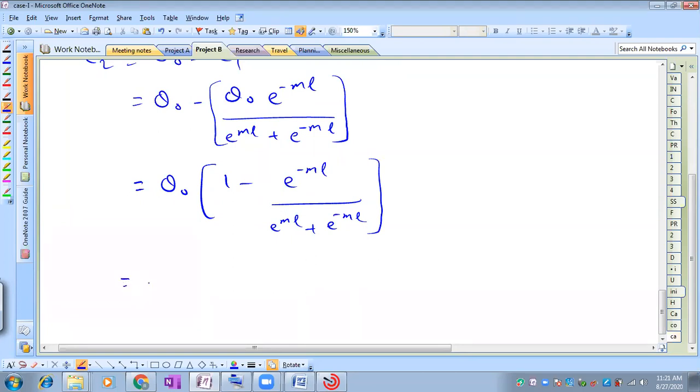If I cross multiply, e raised to mL plus e raised to minus mL, the minus minus will get cancelled. So the left part will be theta 0 times e raised to mL divided by e raised to mL plus e raised to minus mL. So this is the value of C2 which we got.